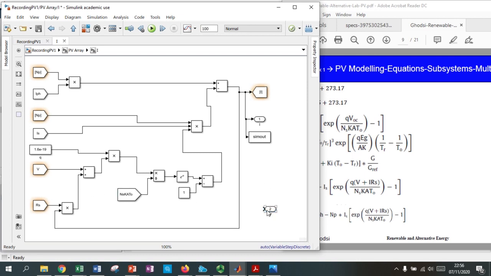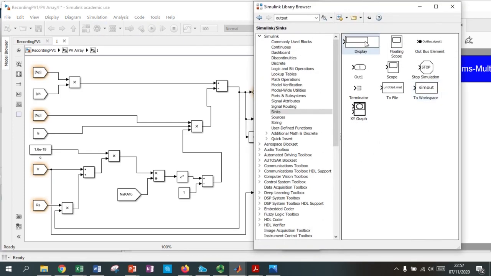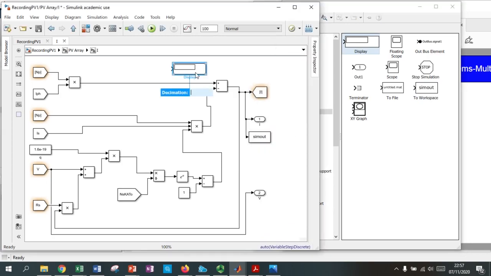Then the voltage itself can be considered as the V. The voltage is here. We need also some display, that the display can show the output. Then we will keep the first one here, and the second one can be considered for the RS.